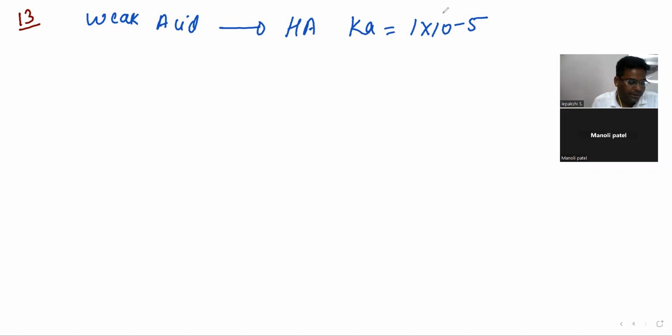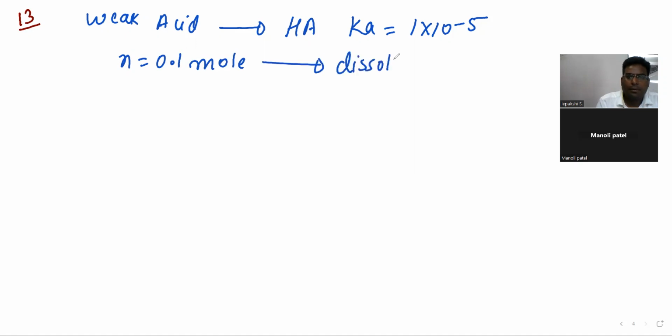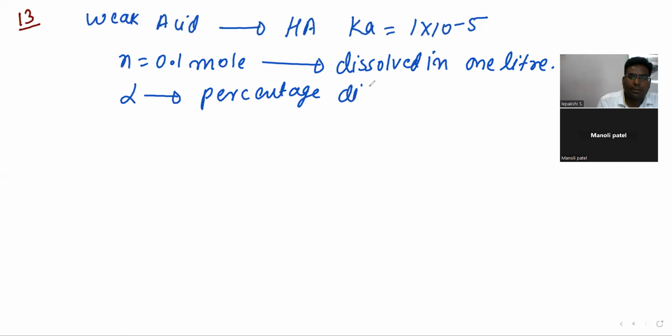If 0.1 mole of this acid is dissolved in 1 liter of water, the mole is given, that is 0.1 mole of acid dissolved in 1 liter. The percentage of acid dissociated at equilibrium is, so you have to find the alpha, basically percentage dissociation, right? It was asked in 2007.